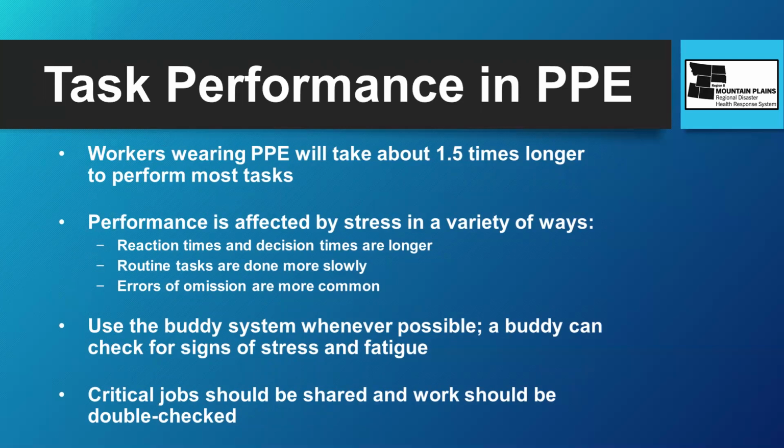It's not easy to do stuff in PPE. On average, it takes you 1.5 times longer to perform most tasks just because of the physical constraints of the PPE. Reaction times are slower. People tend to make mistakes more often because they're in PPE. So ideally, when people are working in these high levels of PPE, two people should be working together so that each can check on the other for signs of stress and fatigue.